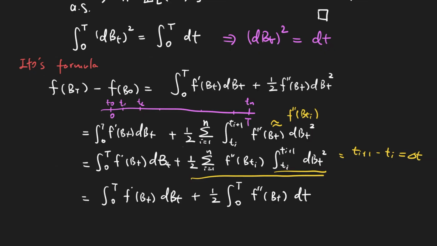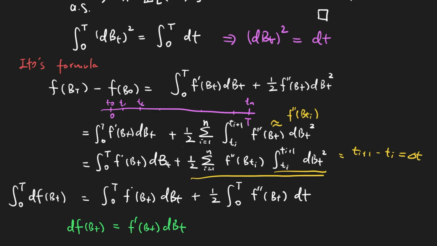For the left-hand side of the equation, we can write that as the integral from 0 to t of df of B_t. Alternatively, you can remove the integral sign. We have df equals f prime of B_t dB_t.